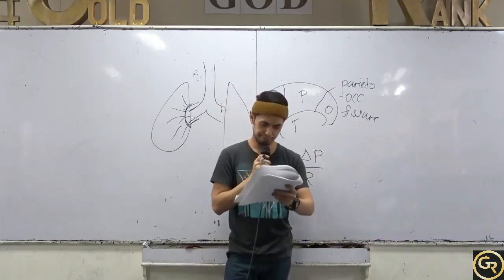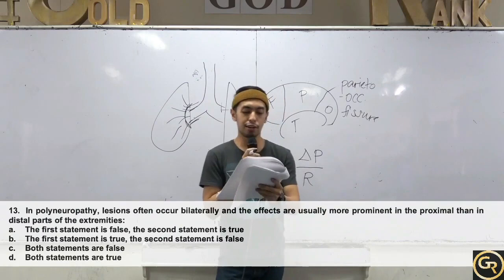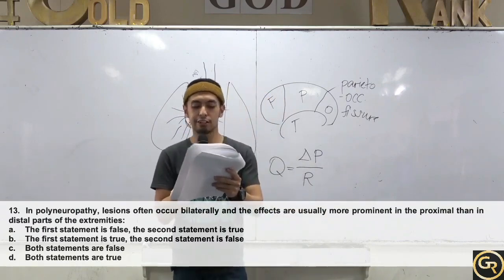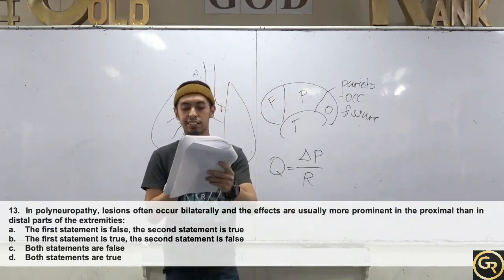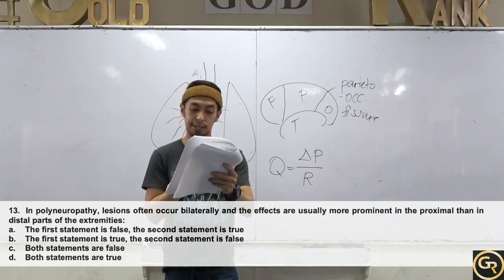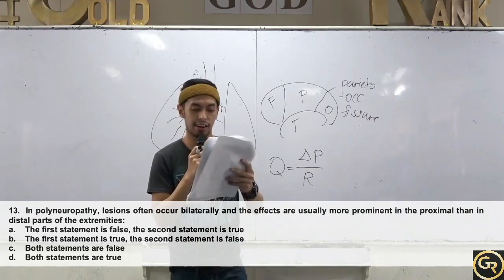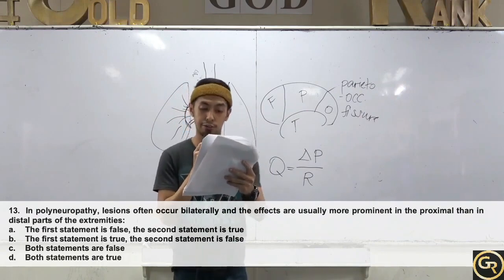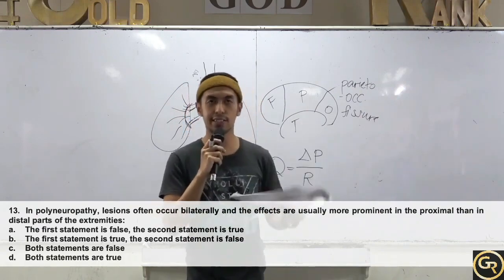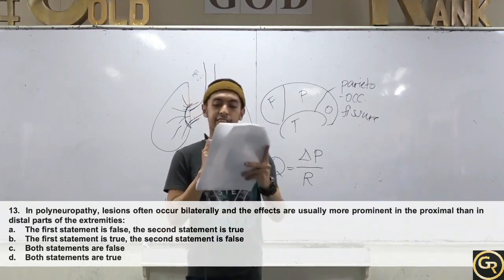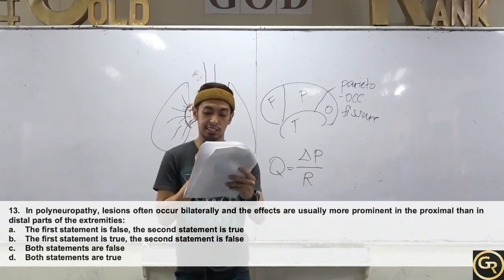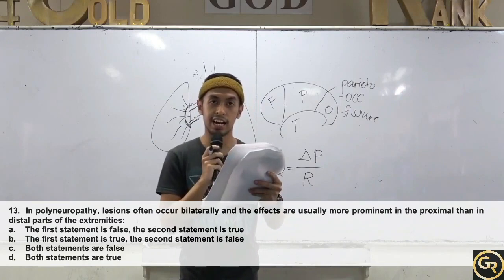Letter B. 13. In polyneuropathy, lesions often occur bilaterally and the effects are usually more prominent in the proximal than in the distal parts of the extremities. Is this correct? The first statement is true. It usually occurs bilaterally. But for the second statement, it does not start in the proximal area first.